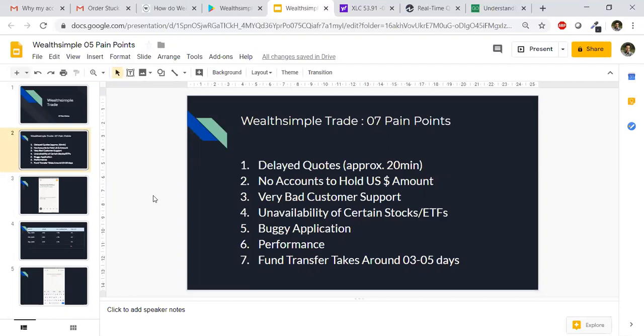And the last and final thing that I think is painful is fund transfer. Fund transfer in Wealthsimple is taking about 3 to 5 business days. Although they have mentioned on their website that it will take like 2 business days, it's not true.